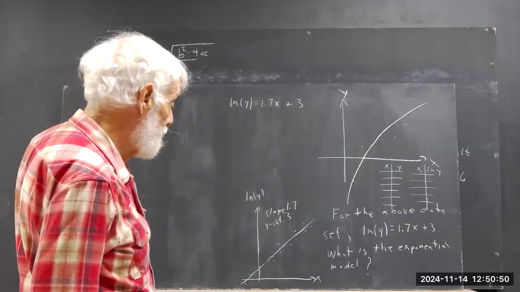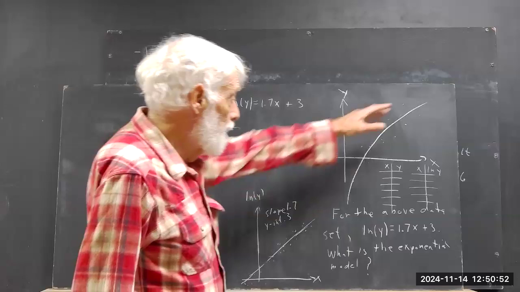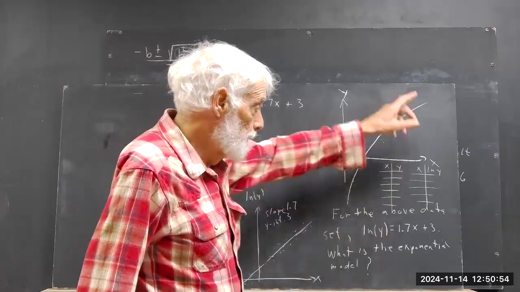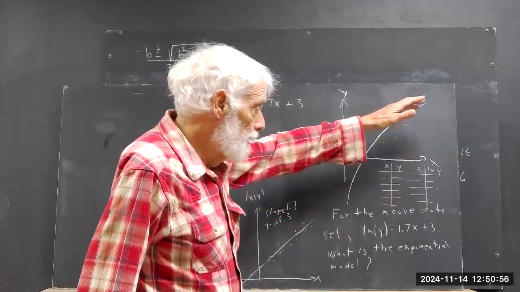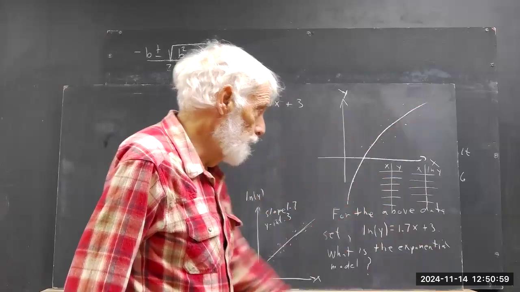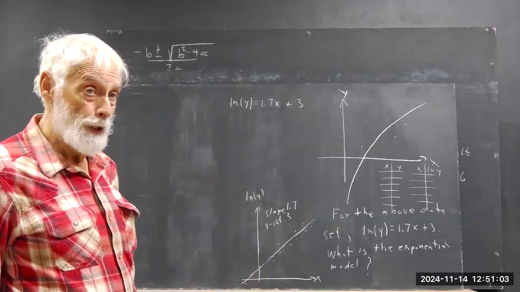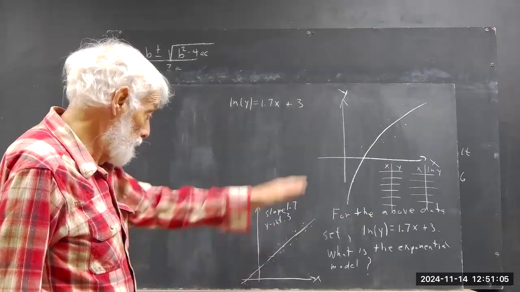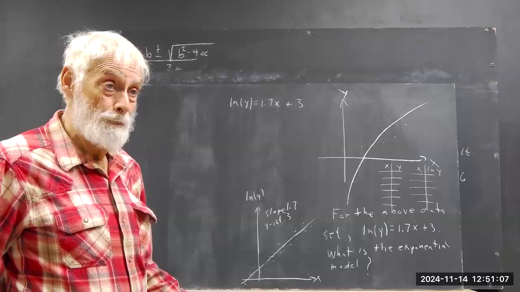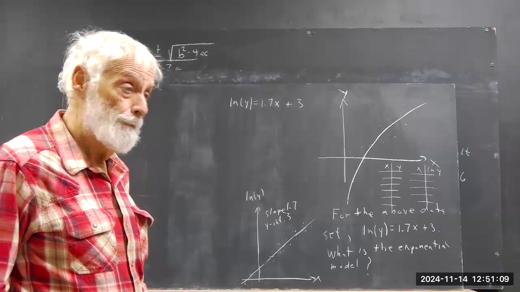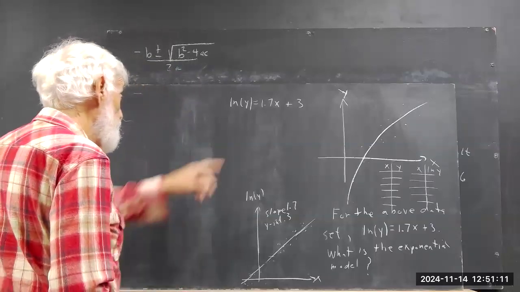Okay, the process is, if you had these data points, you put them in Excel and you could then do a column of natural log of y versus x and create the graph. Excel does all that, and you ask Excel, what's the equation of the straight line? Excel is going to tell you.